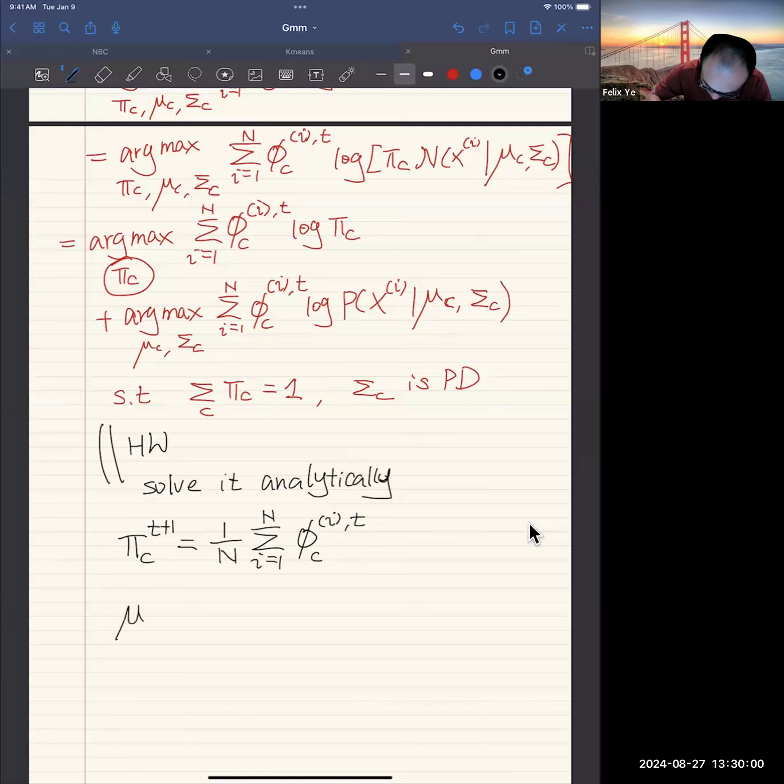And my mean here is the weighted mean, the weighted average, where the weight is my posterior probability.